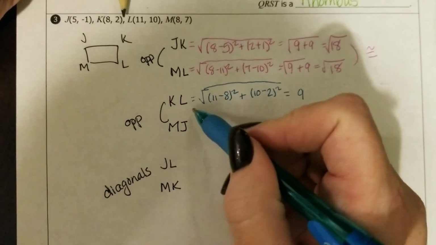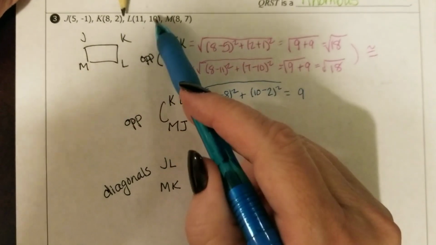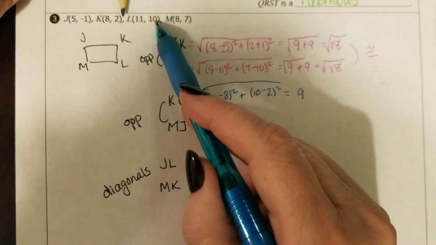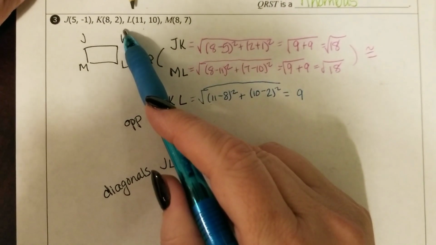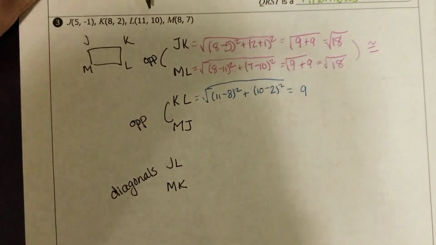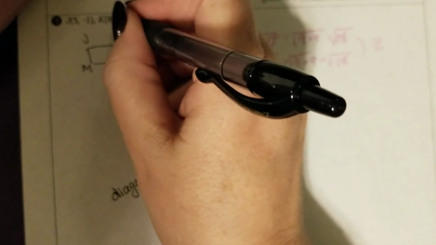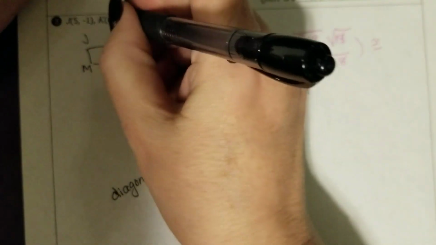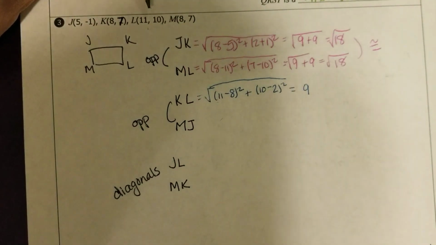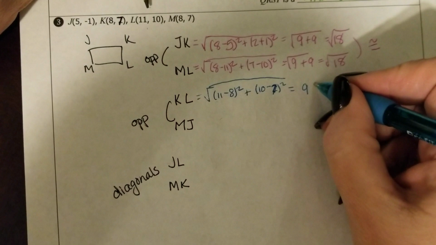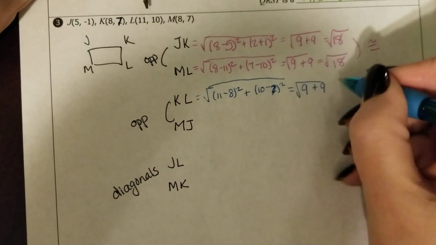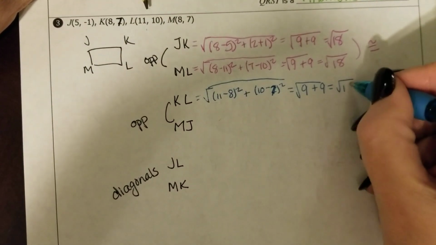I think they have a typo. This is supposed to be a 7 because I'm looking at the answer key. Otherwise, this won't work out. So we'll change that. So if this is 7, 10 minus 7 is 3. So that will give us 9. And that's the square root of 18.